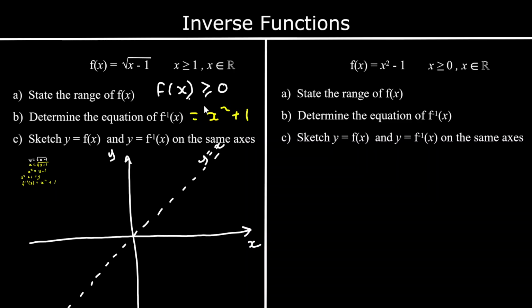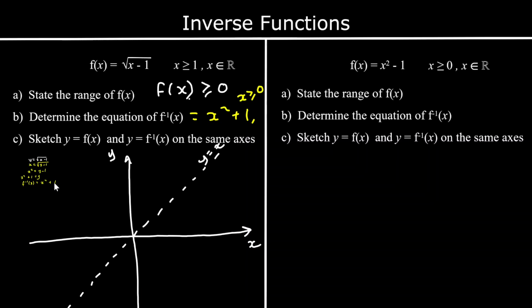Now, I should have also said the domain becomes the range and the range becomes the domain. So where the range of f of x was greater than or equal to 0, the domain of our inverse function, x, is going to have to be greater than or equal to 0. So we've got a limited domain only when x is greater than or equal to 0.